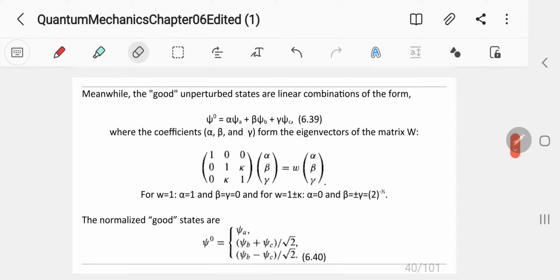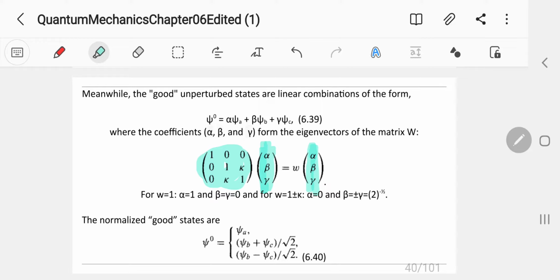So the good unperturbed states are linear combinations of the three wave functions. So you will have this original matrix here. You can get that by multiplying the original matrix that we got times the wave function, and that would just be the W times the alpha, beta, gamma, the contributions of each wave function.